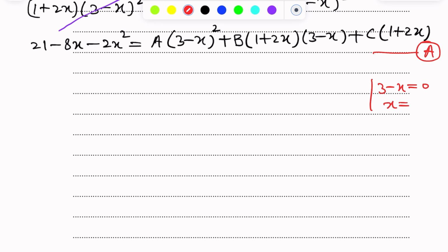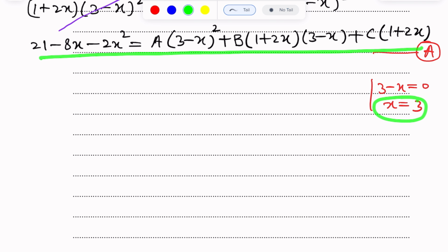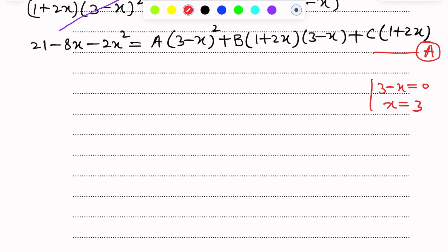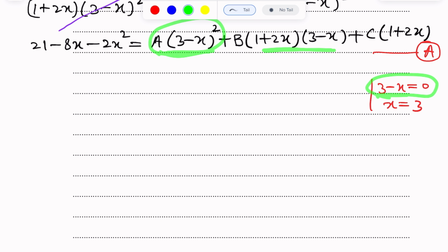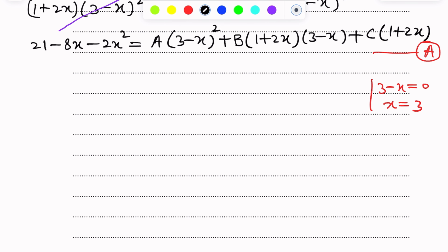From here x is equal to 3. We are putting x is equal to 3 in this equation. We cannot keep this term and this term, because 3 minus x is equal to 0 and they will vanish. Only we can find the value of C.